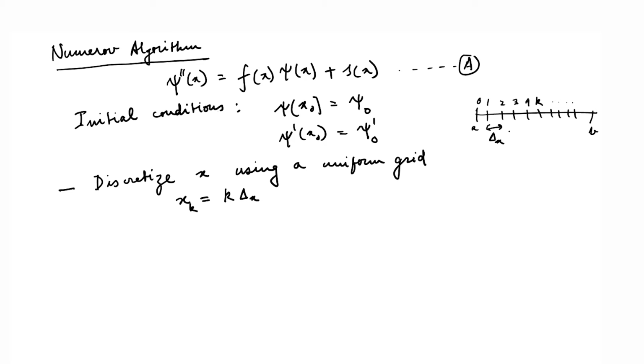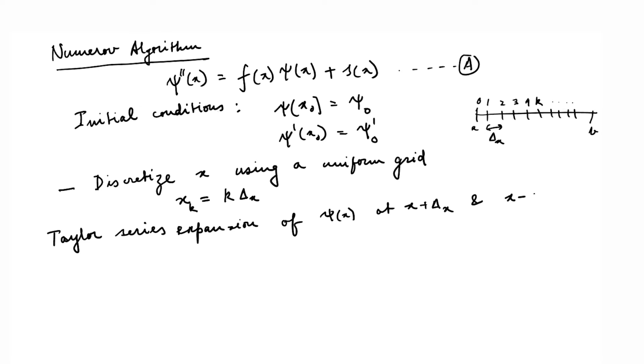So, we do a Taylor series expansion of psi x at x plus delta x and x minus delta x. So that is, say, at k plus 1.